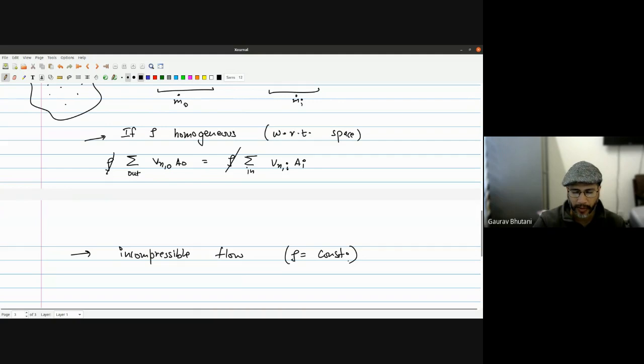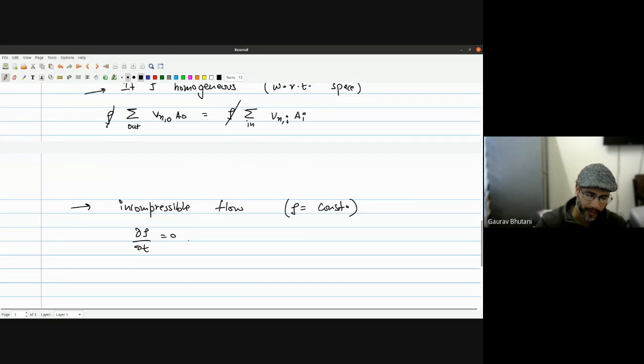So, that means your density can be taken as a constant. So, if density is taken as a constant, then del rho by del t will be 0 as well. For a different reason, the density is constant here. So with time, it's not changing; it's a constant.